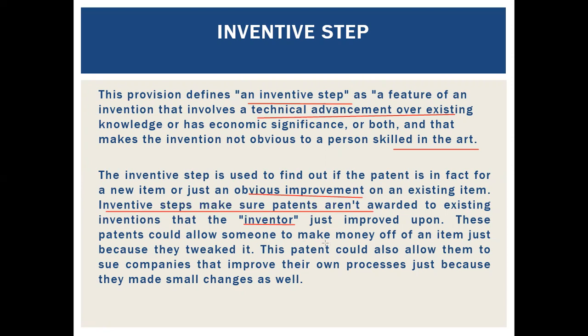Patents should not allow someone to make money off an item just because of a tweak, or allow companies that improve their own processes just because they made small changes to claim patent rights. That's the inventive step we are discussing related to patents.